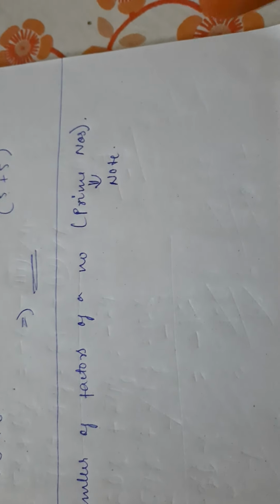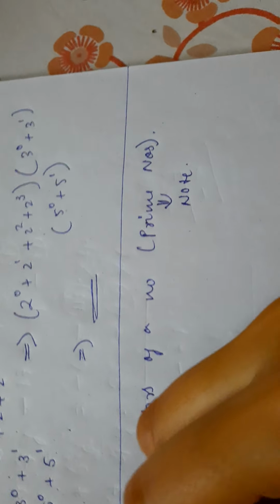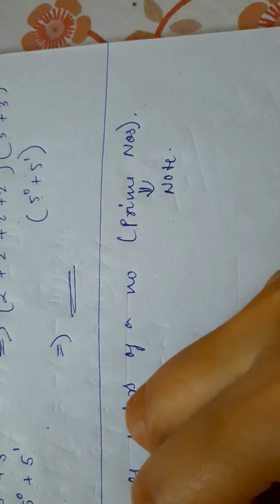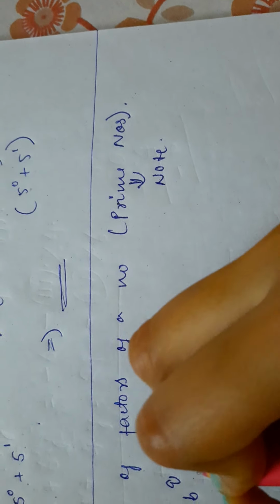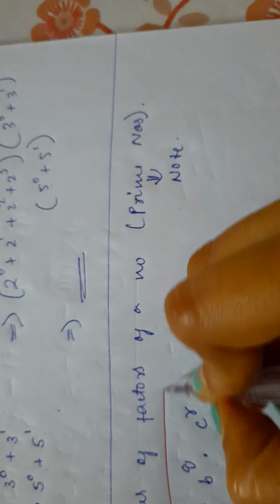So what formula will we use for this? That is a to the power p into b to the power q into c to the power r. This is the formula which we will be using.